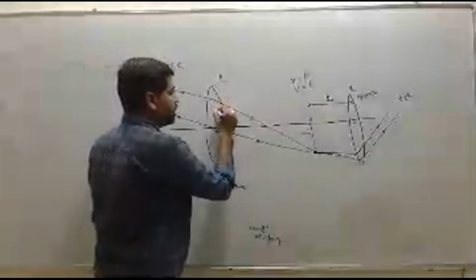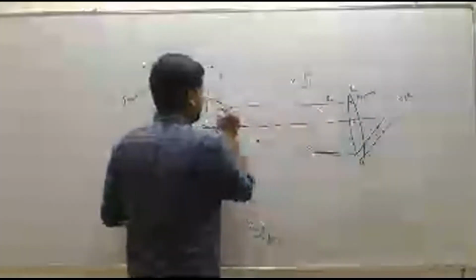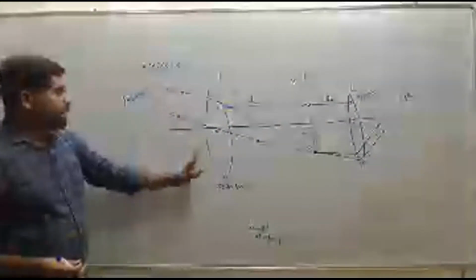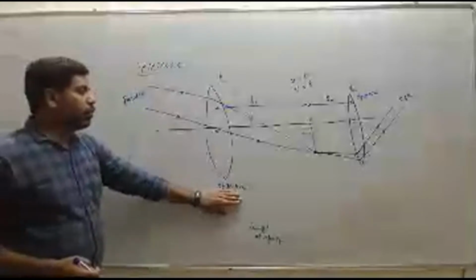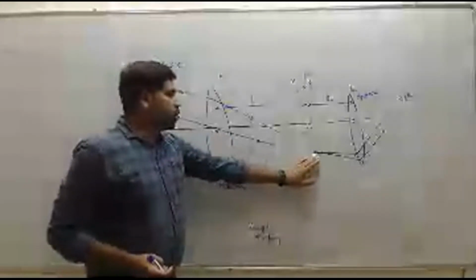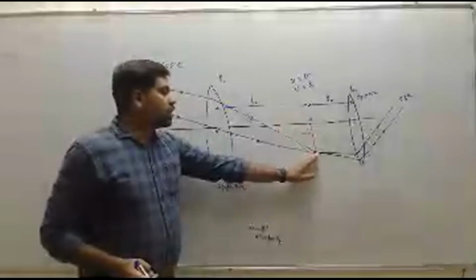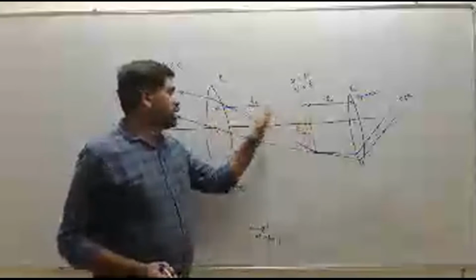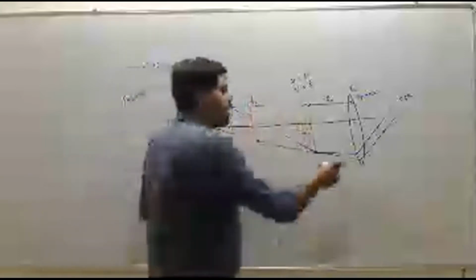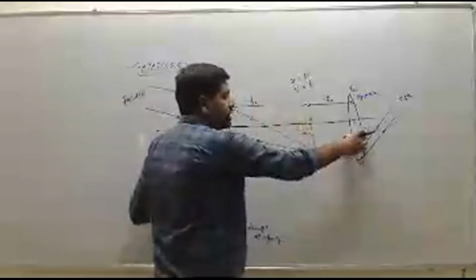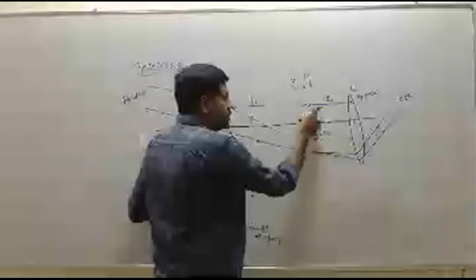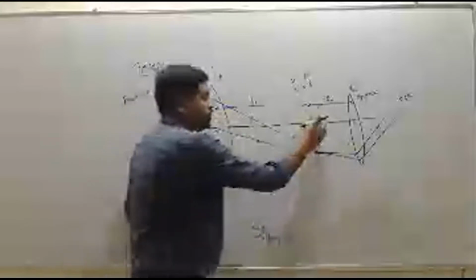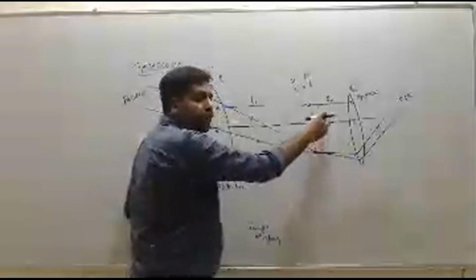Here the distance from here to here is f naught, because the parallel rays incident on the objective converge at the point which is at the focus. That is, the distance from O to B dash is f naught. The eyepiece is adjusted in such a way that the real image formed by the objective is placed at the focus.